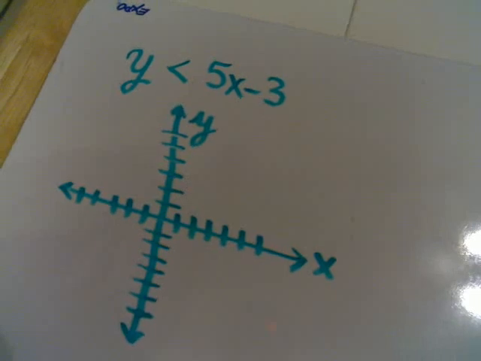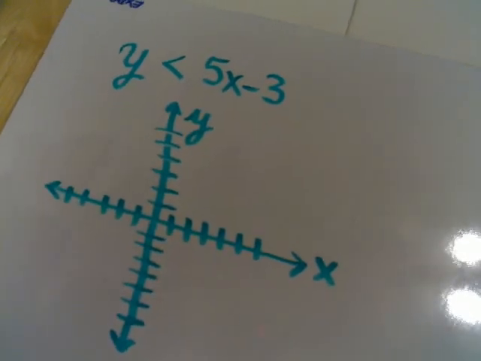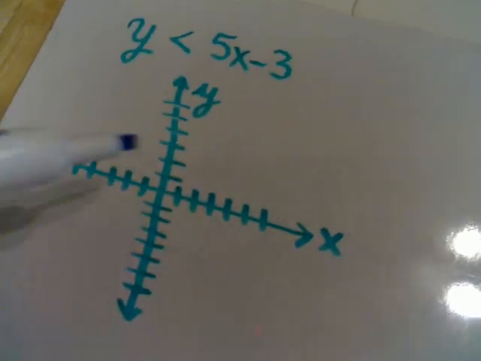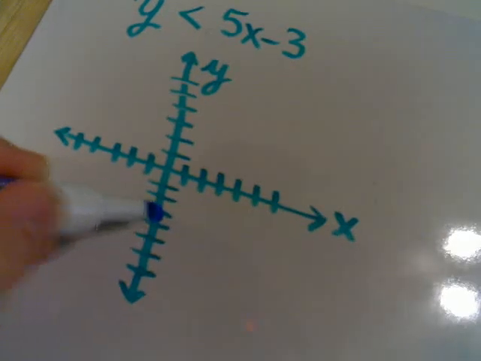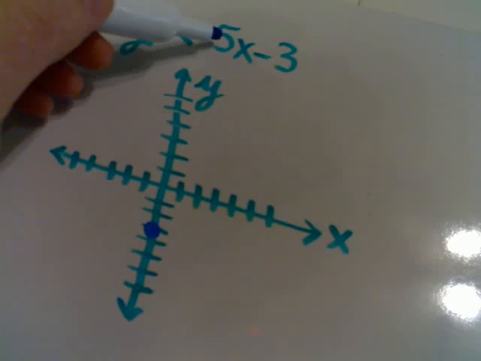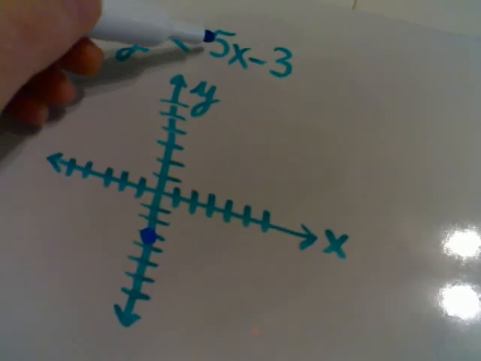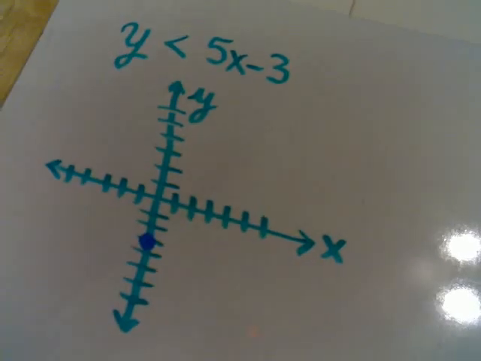If it said y equals 5x minus 3, the y-intercept of your line would be negative 3. So we would find negative 3 on the y-axis, which is an ordered pair, and we would put a dot there. The slope of your line, which is in front of the x, is 5. And remember, when the slope is a whole number, you put it over 1 so you can count with it.